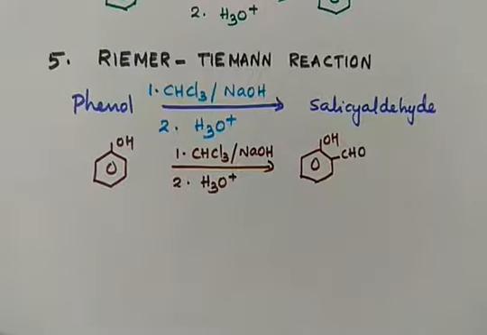Okay, Reimer-Tiemann reaction and Kolbe's reaction. In Kolbe's reaction, phenol is converted to salicylic acid on treating with carbon dioxide, sodium hydroxide and further acidification. Okay, further acid hydrolysis. And in the Reimer-Tiemann reaction, phenol is treated with chloroform in the presence of aqueous alkali followed by hydrolysis to produce salicylaldehyde.